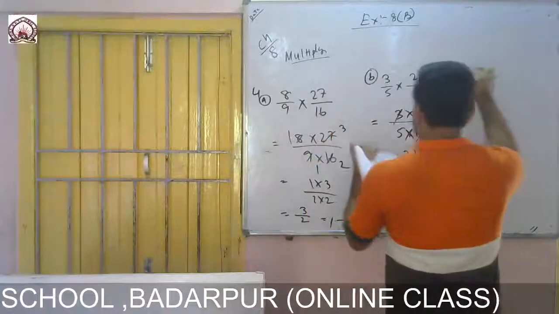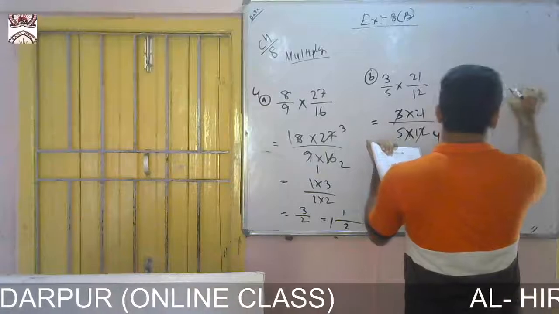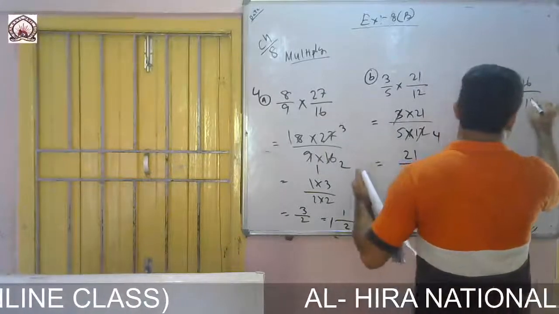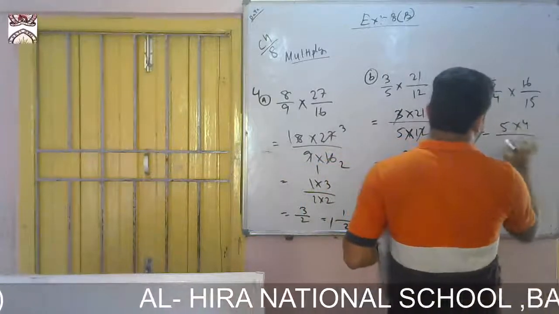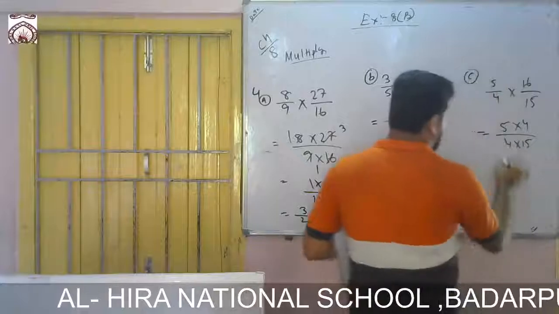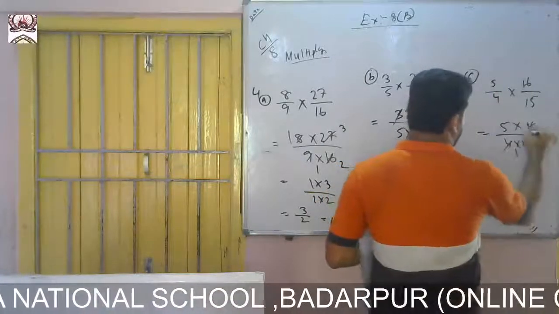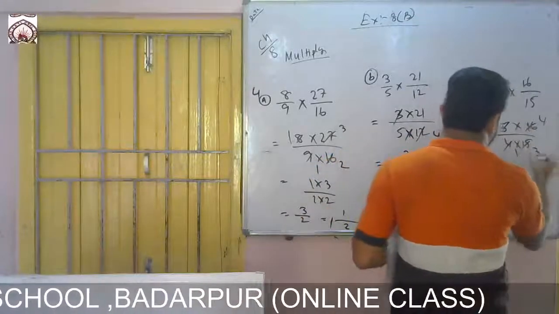Now come to C. See what is there? 5 by 4 into 16 by 15. So this one is very easy. I can multiply 5 into 16, 4 into 15. Now cancel. 4 1 jar 4, 4 4 jar 16. 5 1 jar 5, 5 3 jar 15.